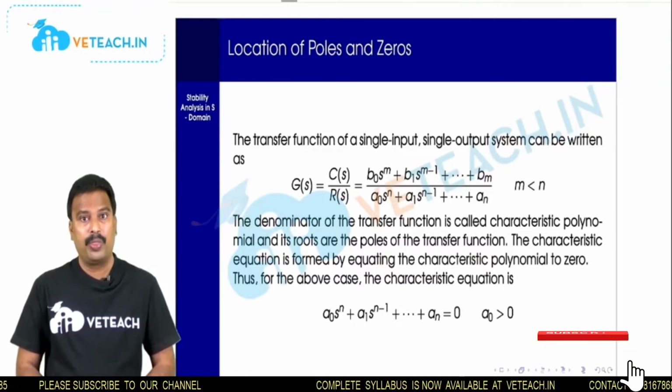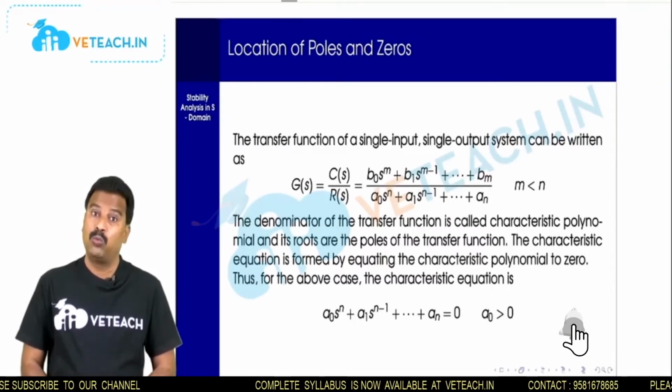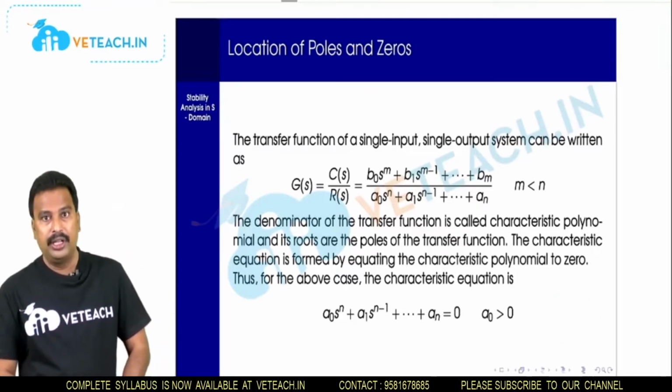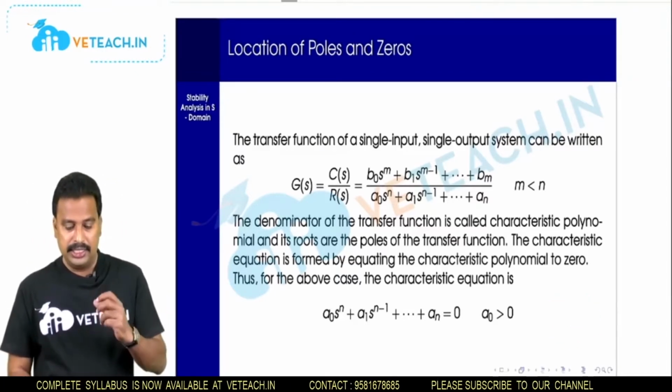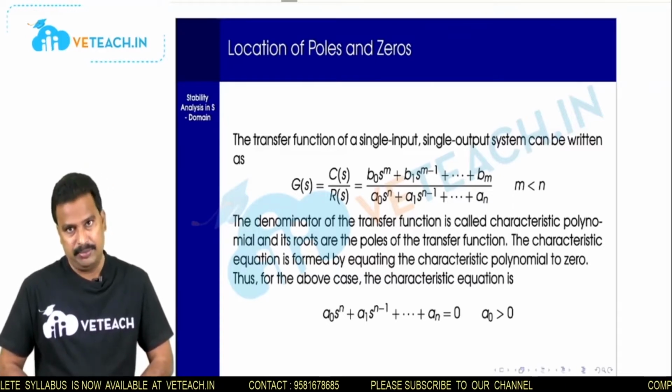Here first we see what is meant by poles and what is meant by zeros. Before going into that, I am considering a single input and single output system as an example.